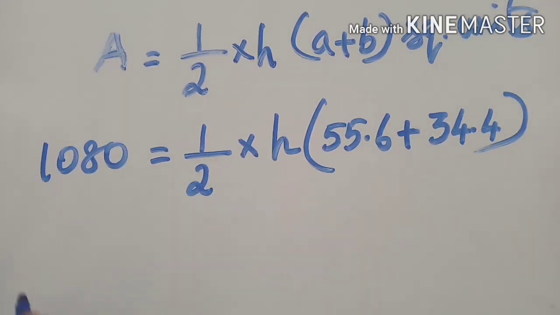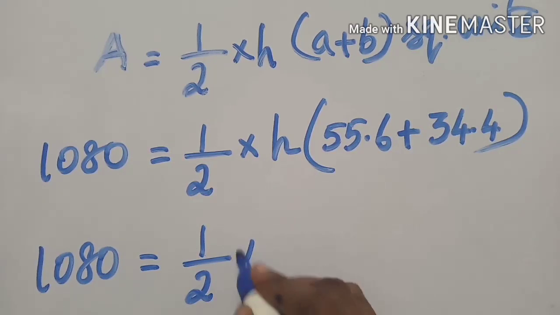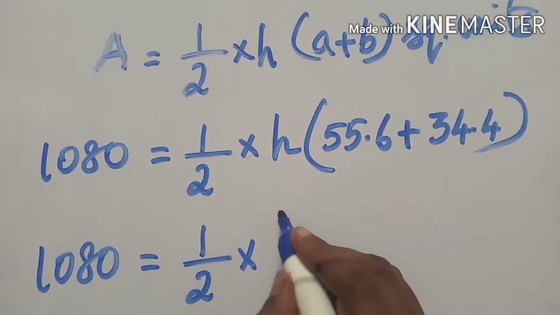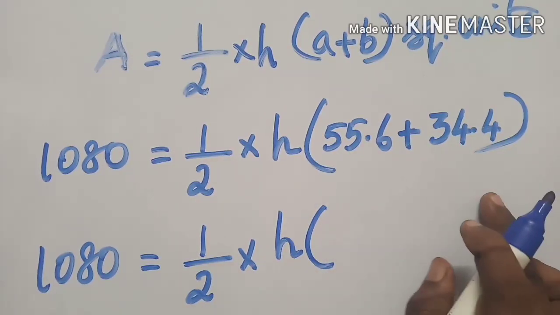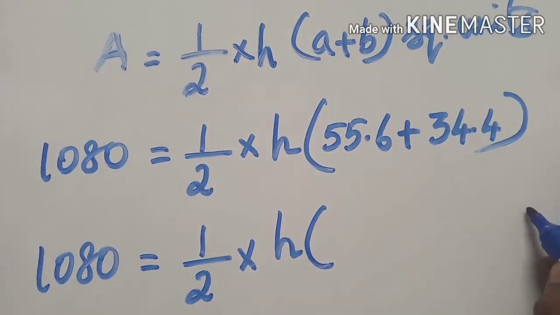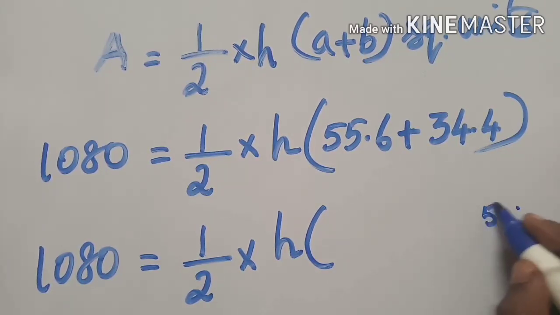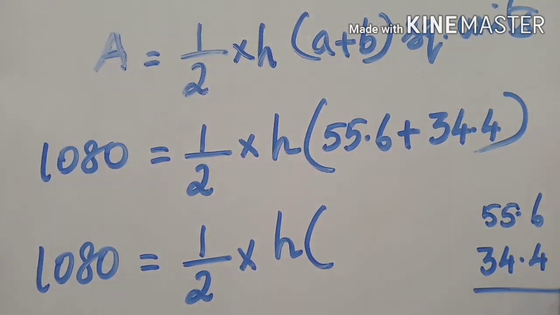Next step: 1080 is equal to half into h, since we don't know the value of height, we write it as h. Add these two numbers, 55.6 plus 34.4. 6 plus 4 is 10.